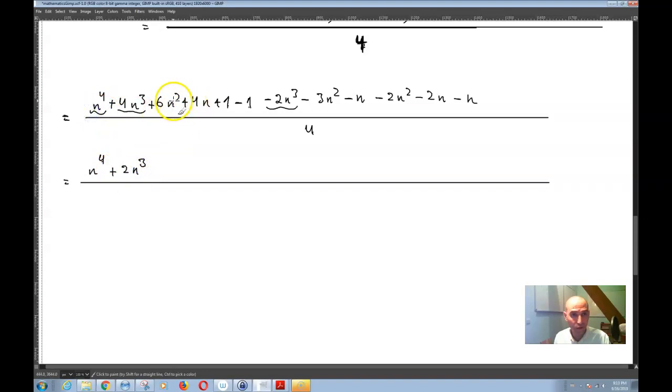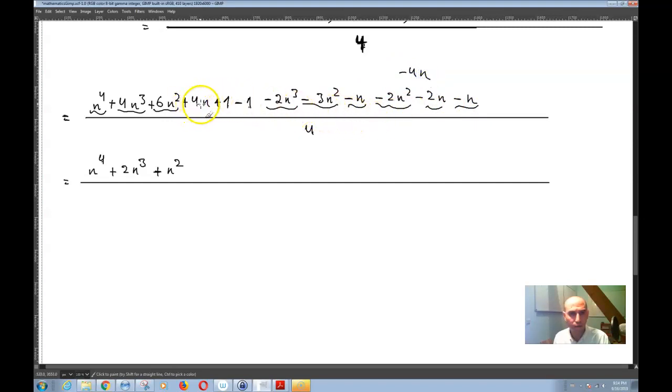And then you have n squared terms: 6n squared, negative 3n squared, negative 2n squared, and then that's positive n squared. And you have 4n, negative n, negative n, negative 2n, that would be negative 4n.